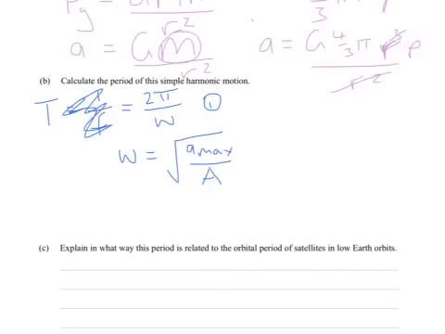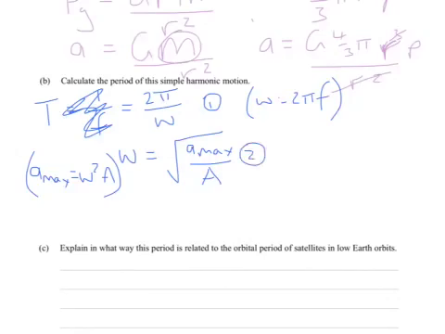Maybe it's helpful to write these out: the maximum acceleration equals omega squared A, and that's what we got this part from, and from up the top it was omega equals 2 π f, or 2 π over the period. Anyway, so it's our second equation. We can detail our second equation just a little bit more.